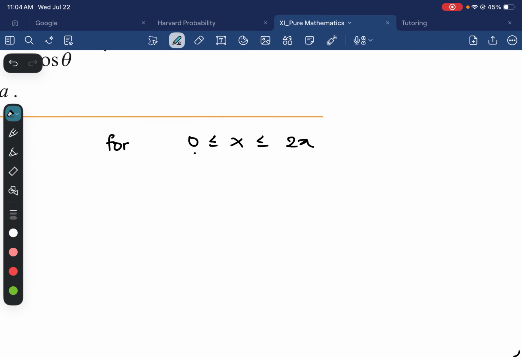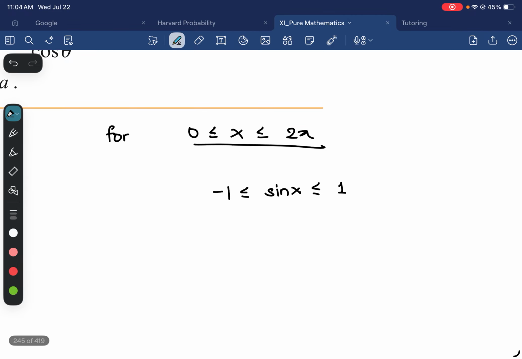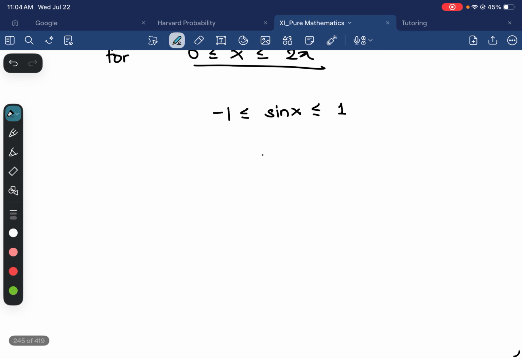Alright, so for this domain, I know that sine x goes from -1 to +1, right? The range of sine x is from -1 to +1, and it is a continuous function. Alright, so for sine squared x, the maximum possible value is still 1, because the maximum value squared, which is +1 squared, is still 1.